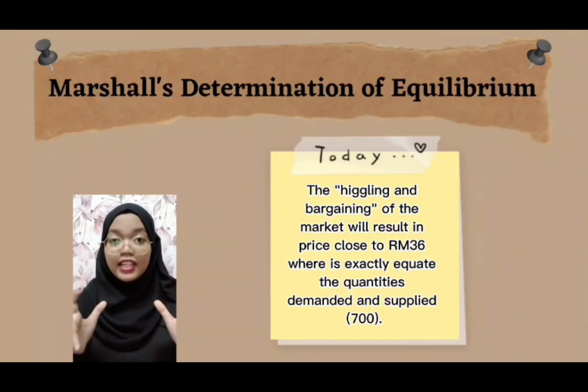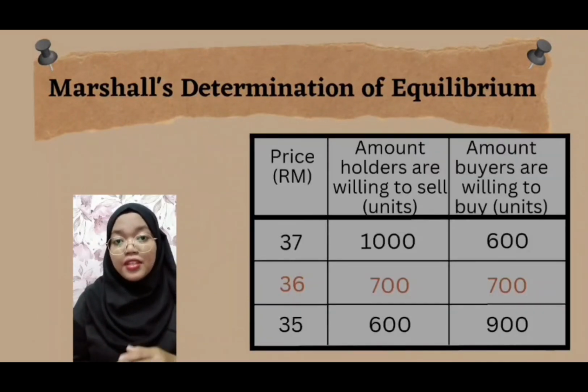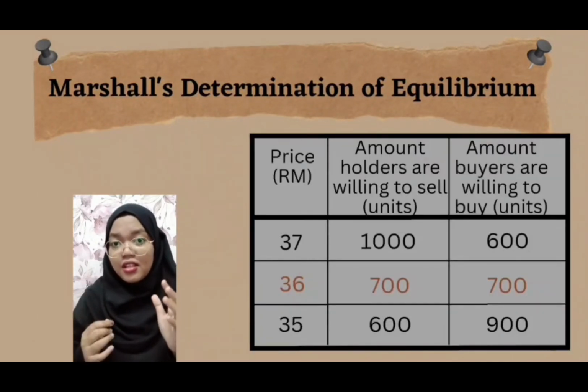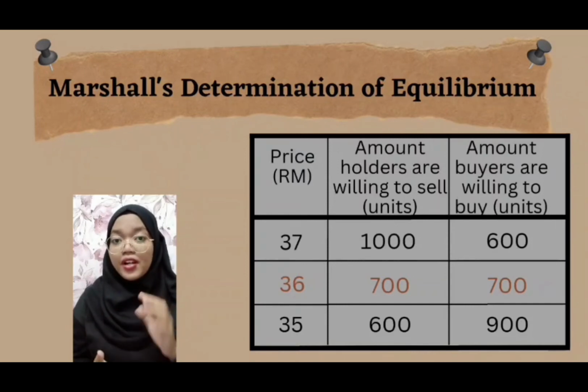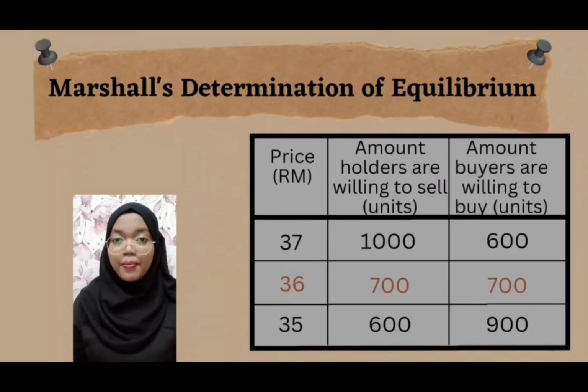Furthermore, it would exactly equate the quantity demanded and supplied at 700 units. You guys noted that if the price were RM37, a surplus of 400 units, which is 1000 minus 600, would occur, and it would push the price downward.